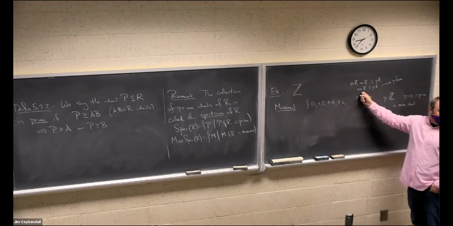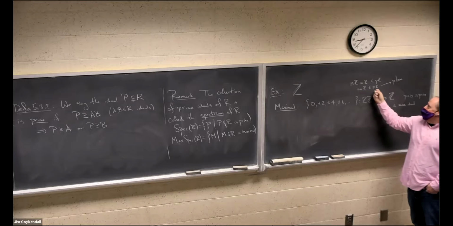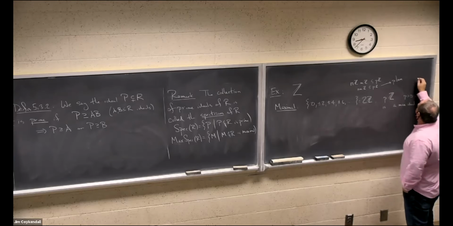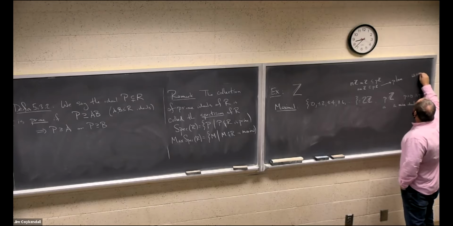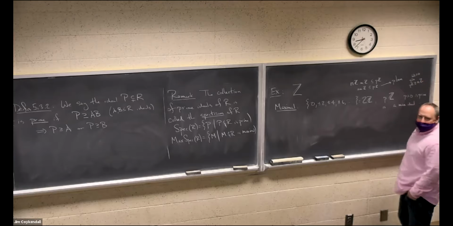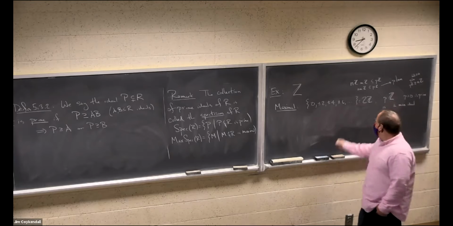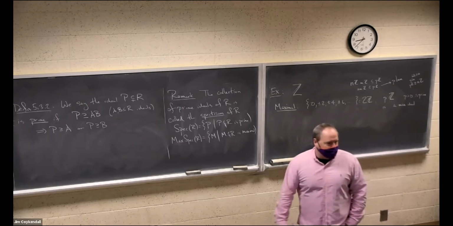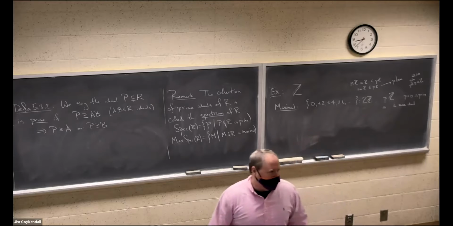Because nm lives here, so nm must be a multiple of p, so p divides this. Therefore, without loss of generality, p divides n, so pZ contains nZ. Right? So all these ideals are in fact not only maximal, they're prime.